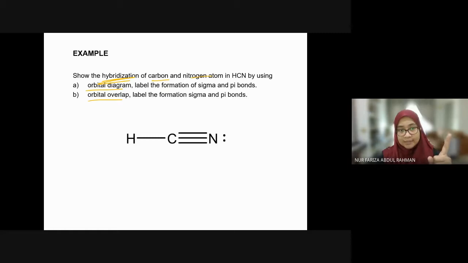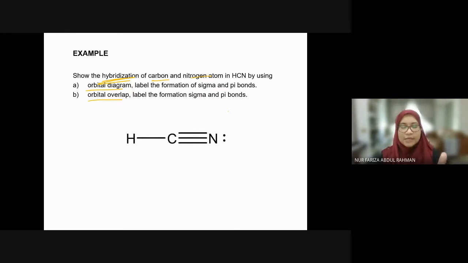But I did highlight this in our last week's lecture: if the central atom is doubly bonded or triply bonded with the terminal atom, the terminal atom will also form hybrids. So please take note of that, and make sure that you have that information in your notes.